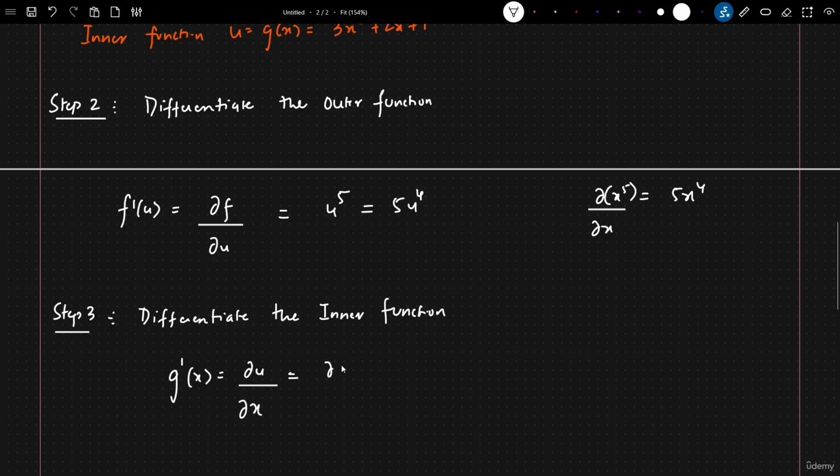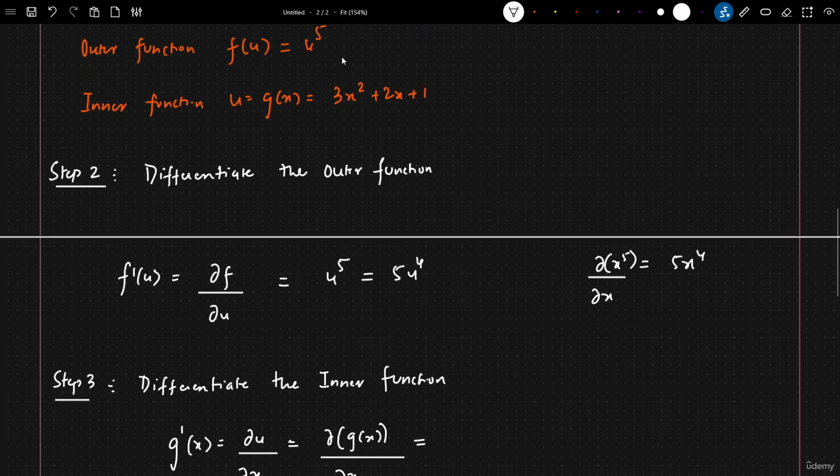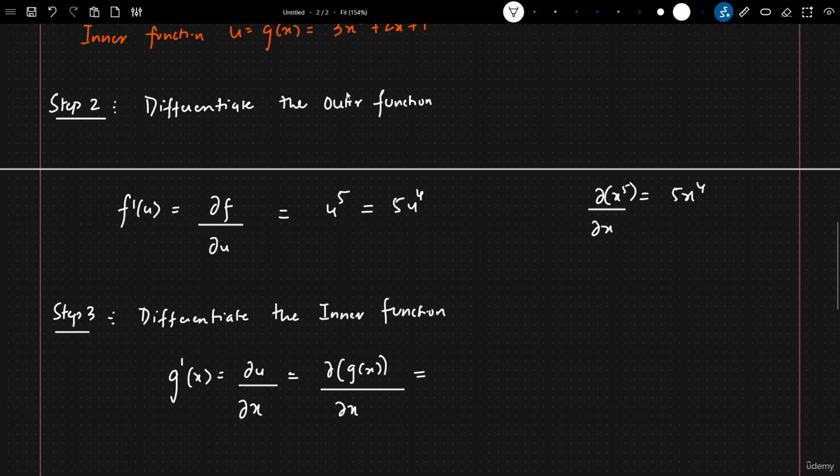And here I can also write derivative of g of x with respect to derivative of x, right? So here what we are basically going to find out is the derivative with respect to x of 3x square plus 2x plus 1. So finally, I can see that I will be getting 6x plus 2, right?